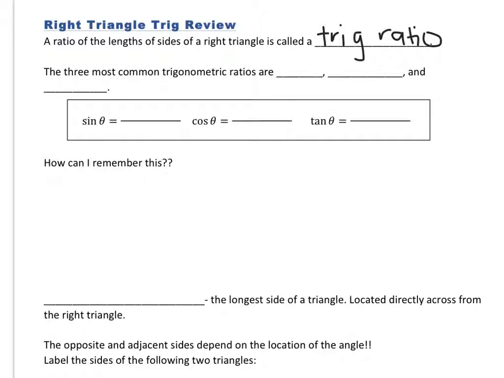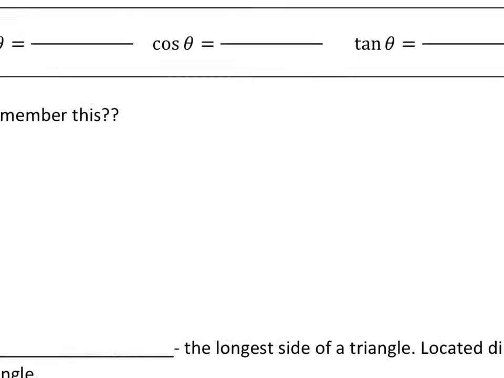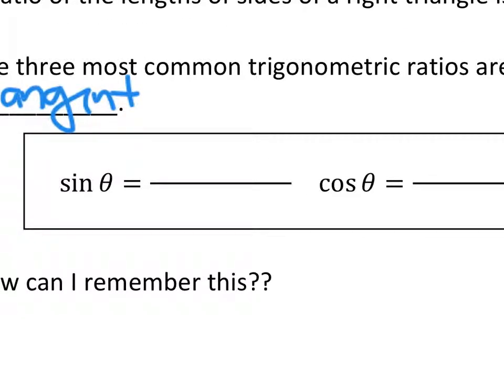So the three most common trig ratios are sine, cosine, and tangent. Alright. So sine is opposite over hypotenuse.